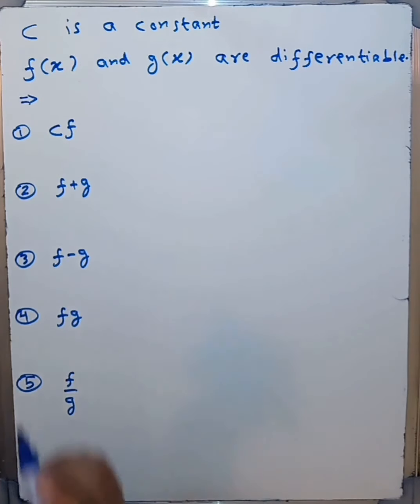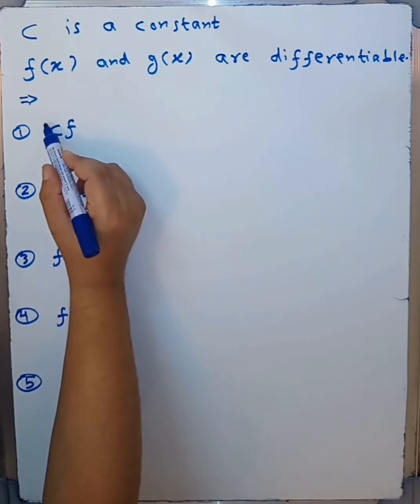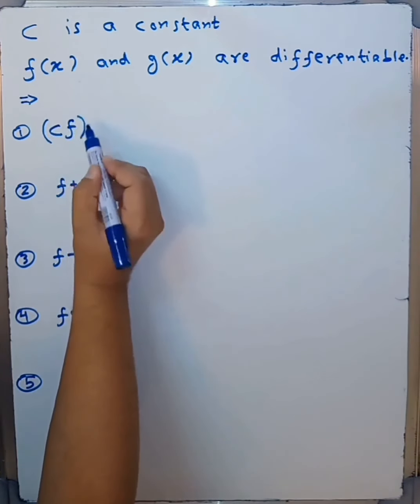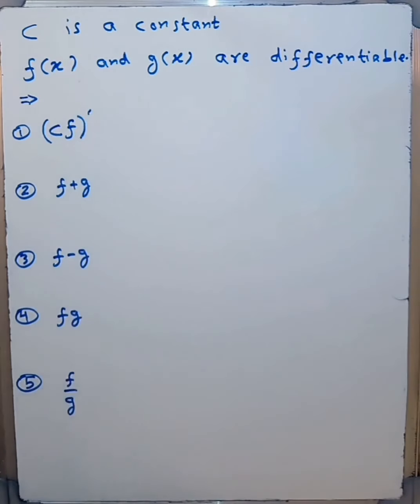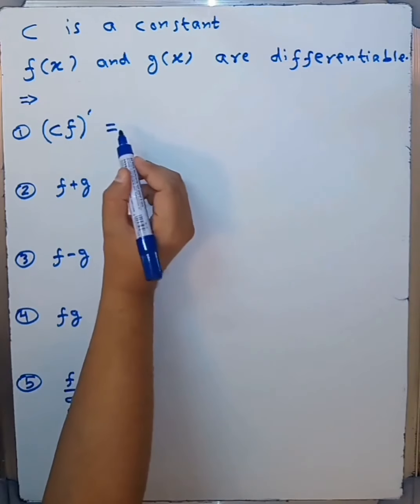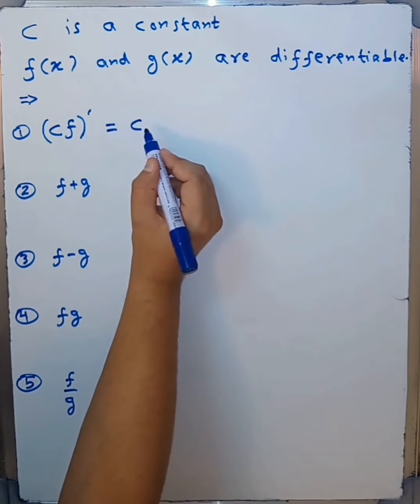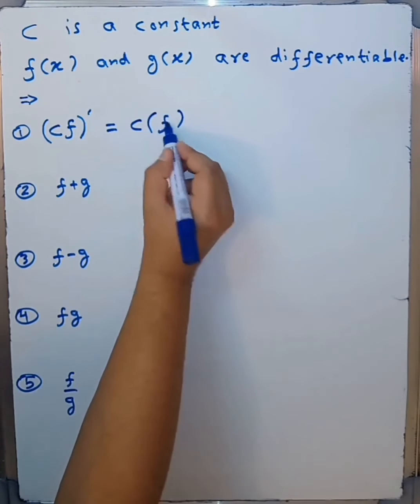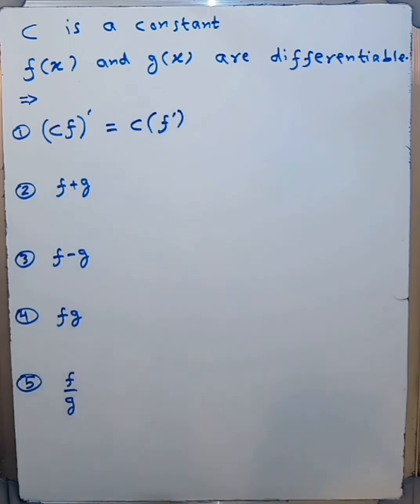Rule number 1 says that the derivative of cf is equal to c multiplied by the derivative of f.